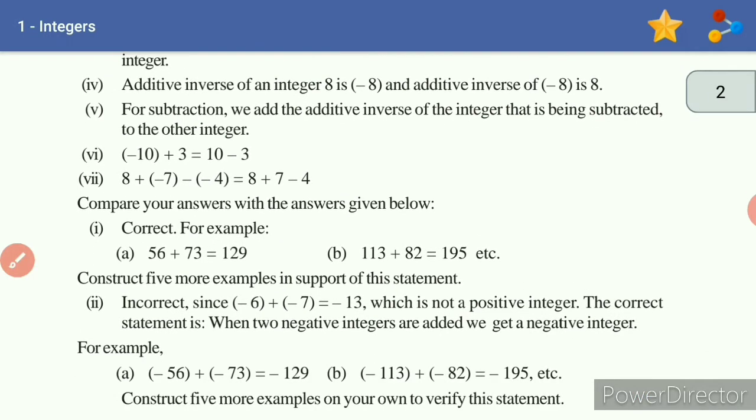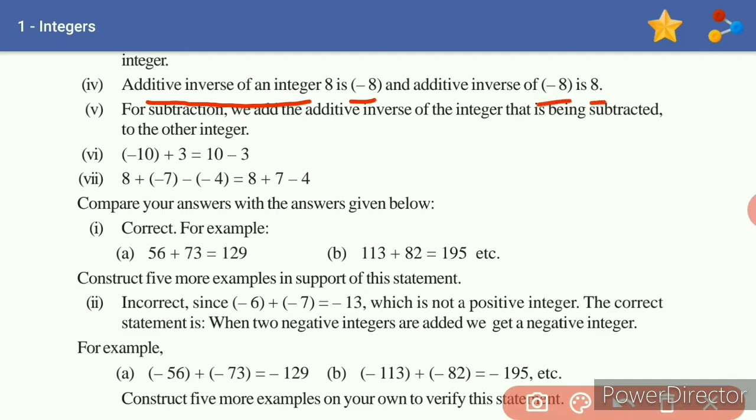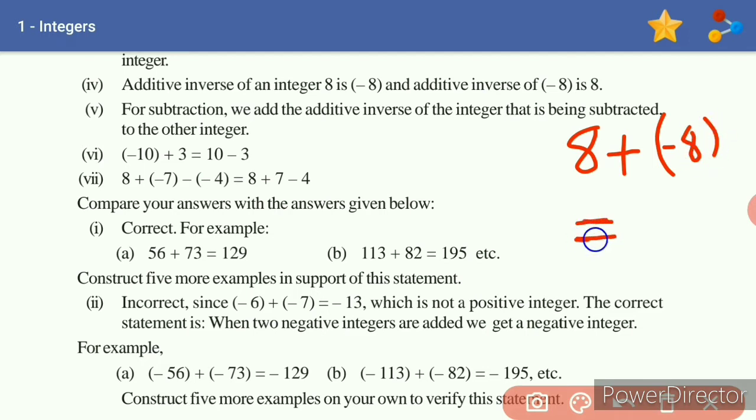Now, the fourth statement: additive inverse of an integer 8 is minus 8, and additive inverse of minus 8 is 8. Is the statement correct? Yes. What is additive inverse? If we add a number to its additive inverse, the answer is always 0.